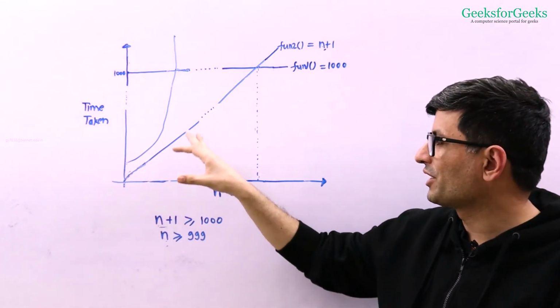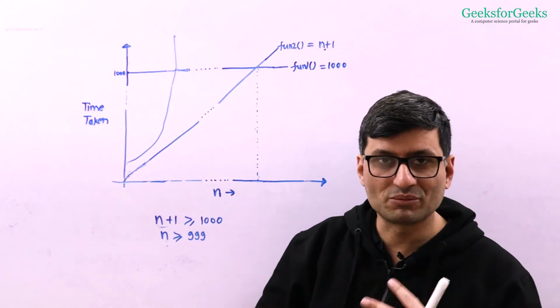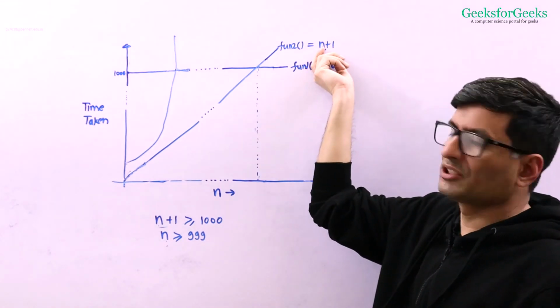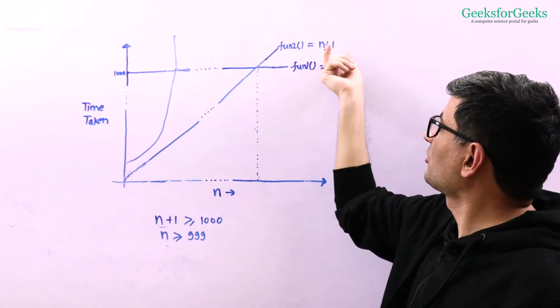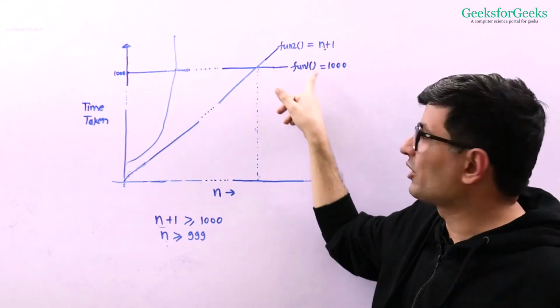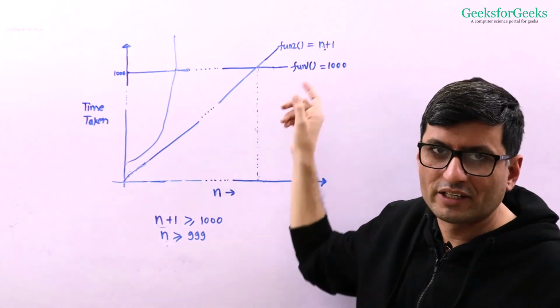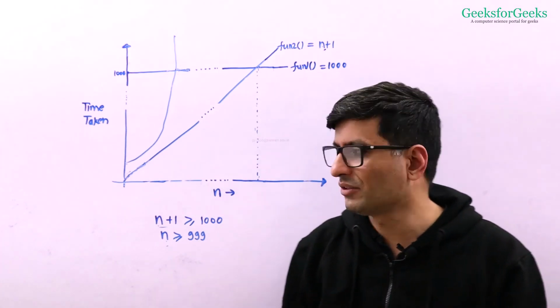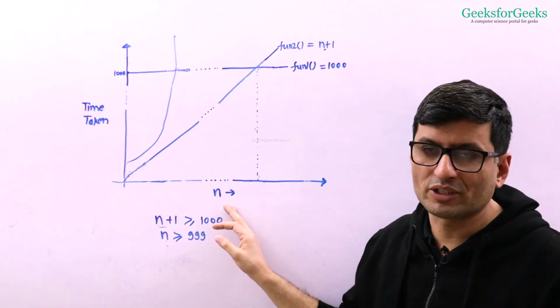So whenever we draw the graph or talk about asymptotic analysis, these are functions of time taken. They show how much time is taken by fun2 and how much by fun1, so they are always going to have a value greater than or equal to 0. Same is the case for input size n.